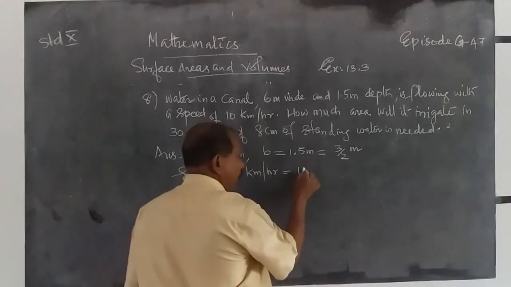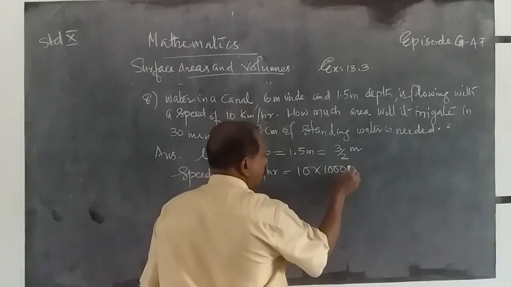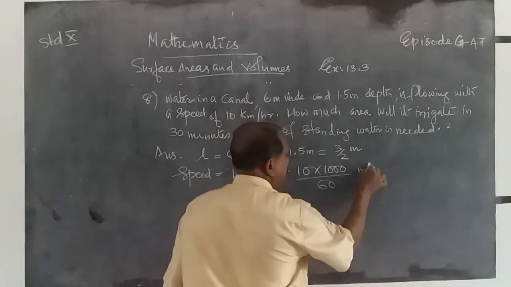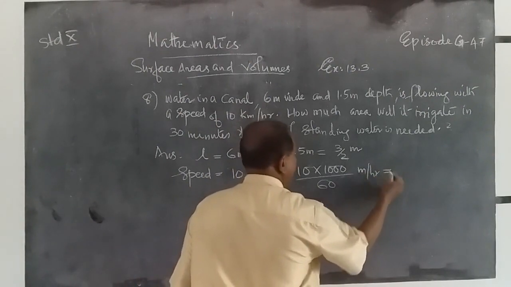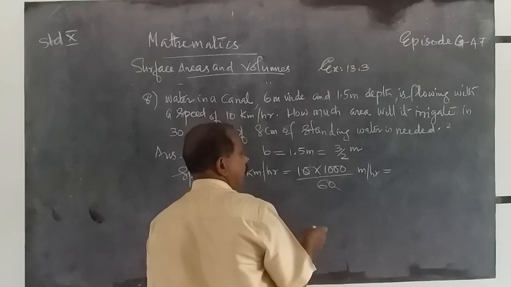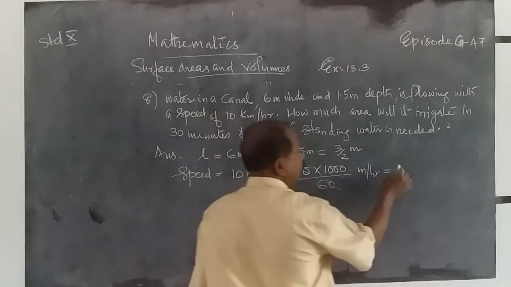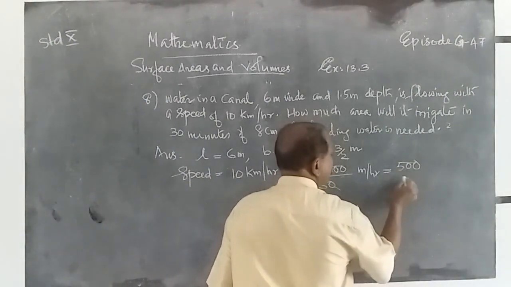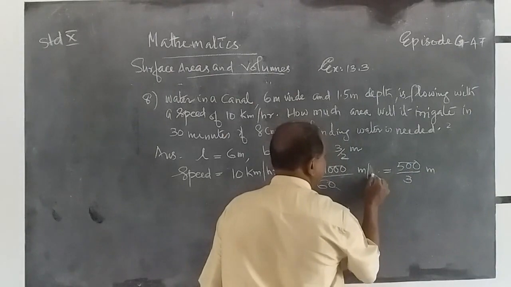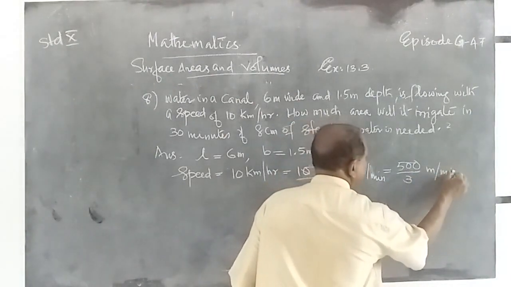Therefore that is equal to 10 into 1000 by 60 meter per minute. Cancel the zeros, then 1000 by 2 is 500, 6 by 2 is 3. It is meter per minute.